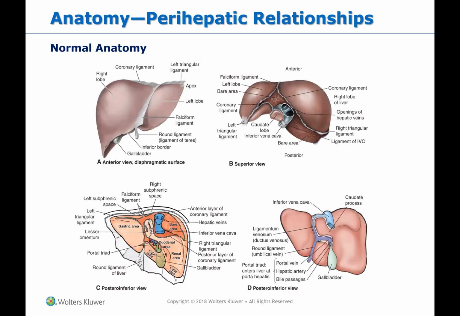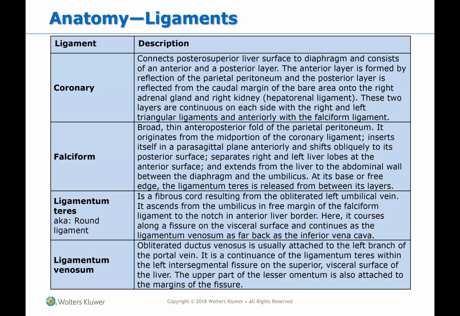This is an image of the anatomy of the liver. I won't go through every single thing, but I would study this in your book. You do need to know quite a few of the different ligaments within the liver and where they're located.